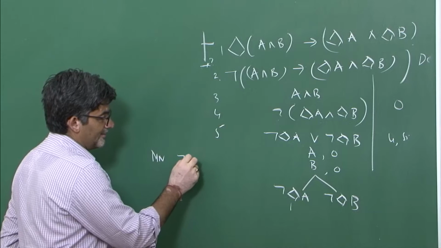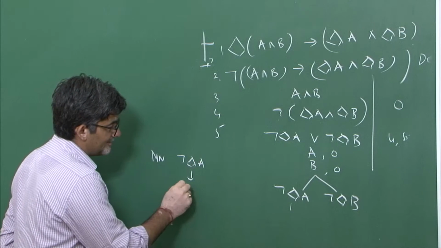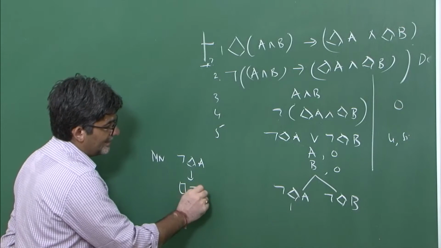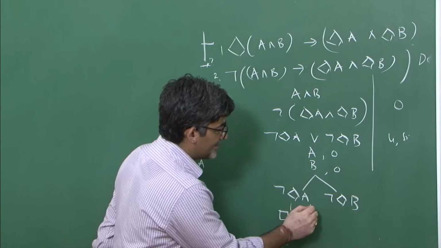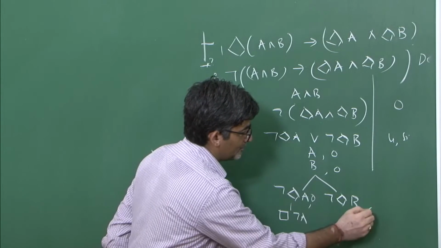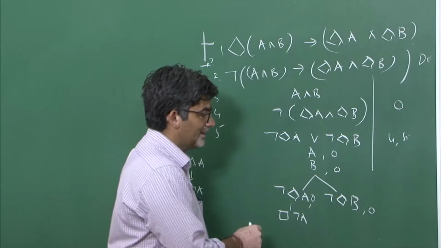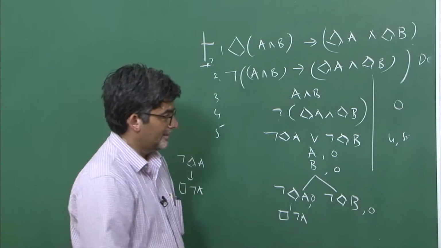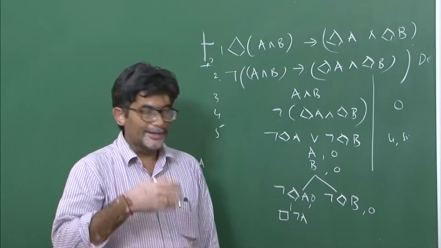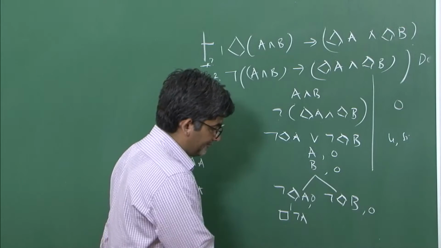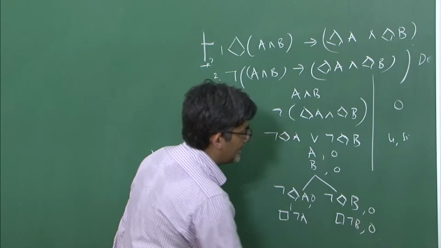Whenever you have negation of possibility of A, you can simply replace it with it is necessary that not A. So this will become this, and you need to mention the worlds in which they are true, otherwise it does not make any sense. In modal logic you need to talk of every formula with respect to truth of the formula at a world, truth of the formula with respect to a frame or a model, or all kinds of models. So this will become not B at 0.